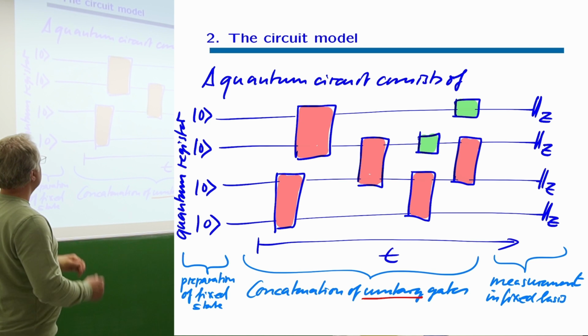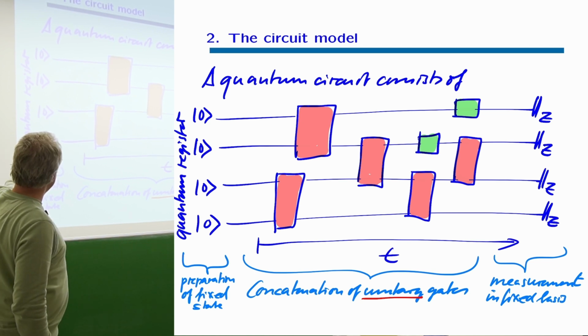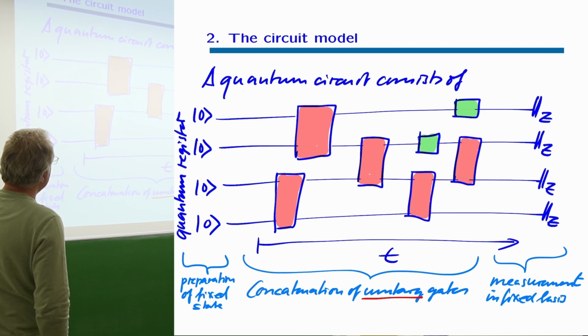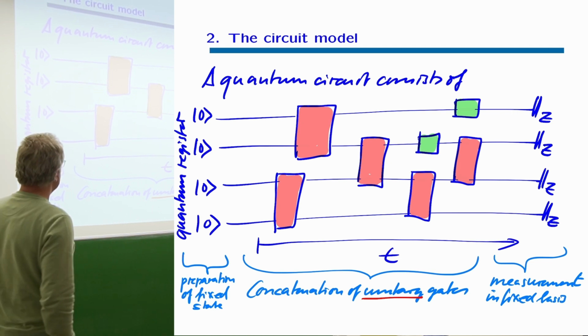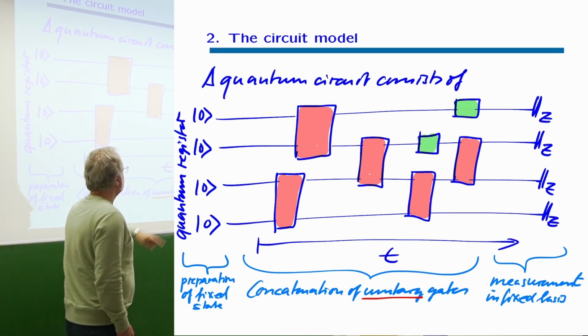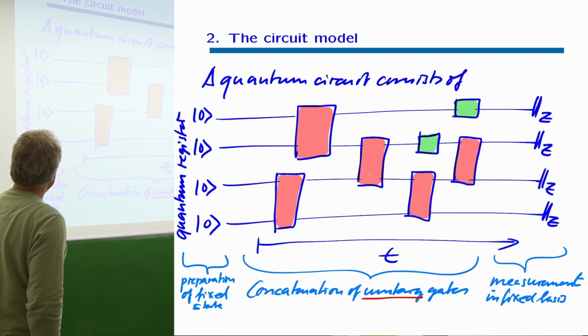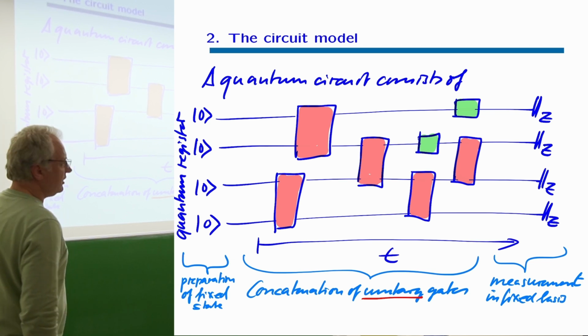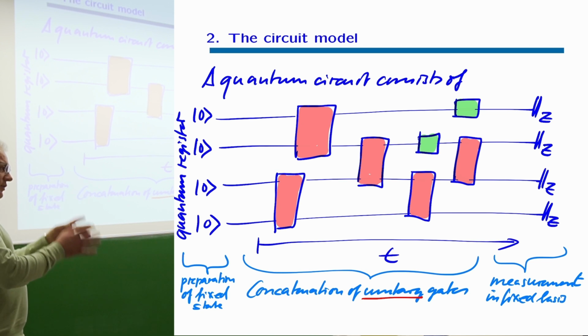So the circuit model. You will see lots of diagrams like this, so maybe it is worthwhile trying to parse what's on here. The horizontal axis is something like time that's progressing, and the vertical axis represents the quantum register, a bunch of qubits.